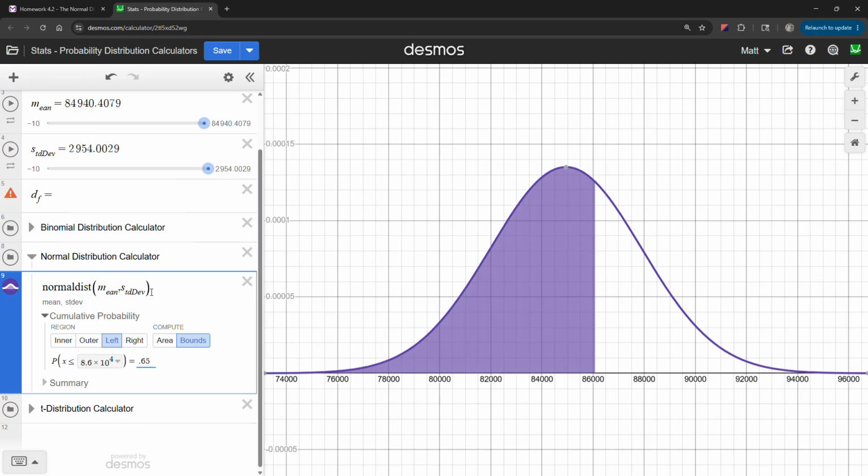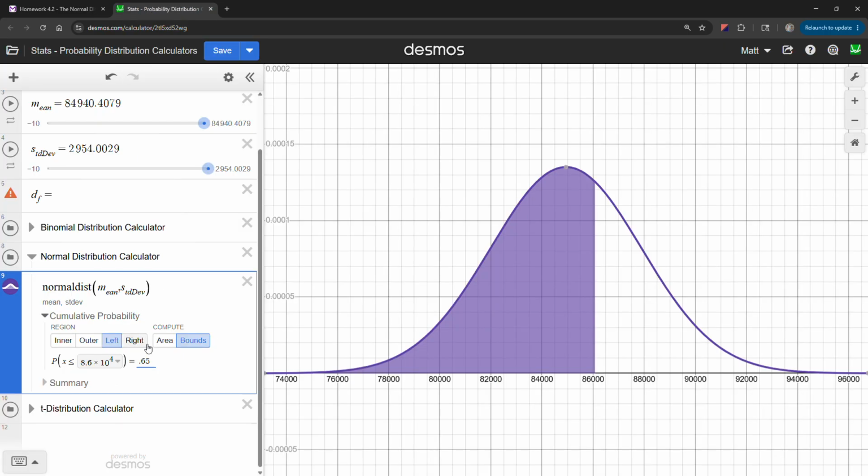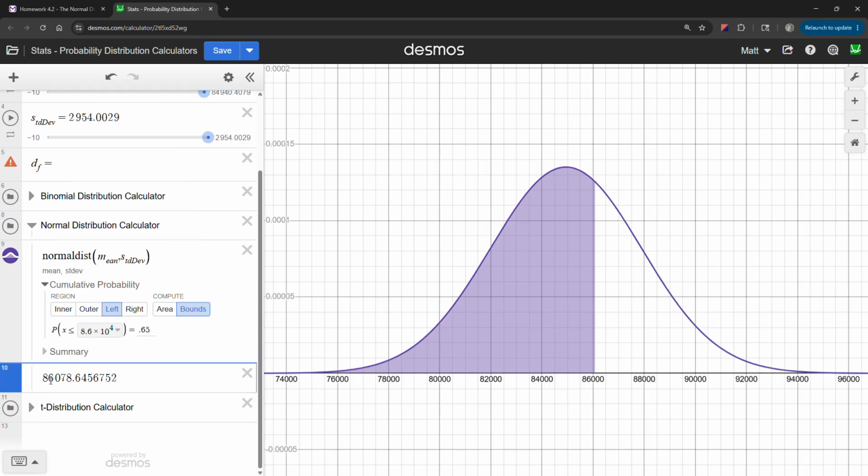And we want this to be 0.65, I believe, let me double check. Yep. So if we have the 0.65 quantile, that's the same thing as the 65th percentile. We're given this value, which in this case is written as times 10 to the fourth, so it's written in scientific notation. If we output that value, we'll just get the number itself written in standard form.